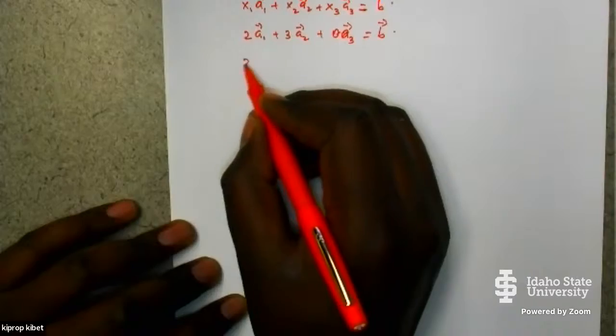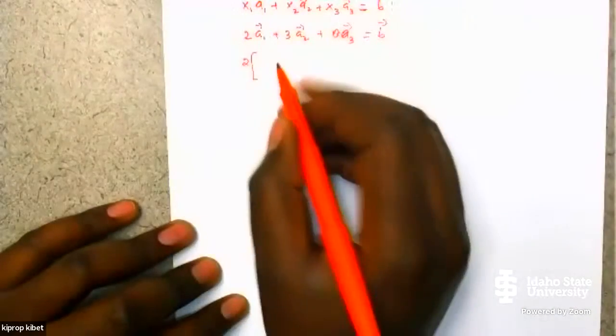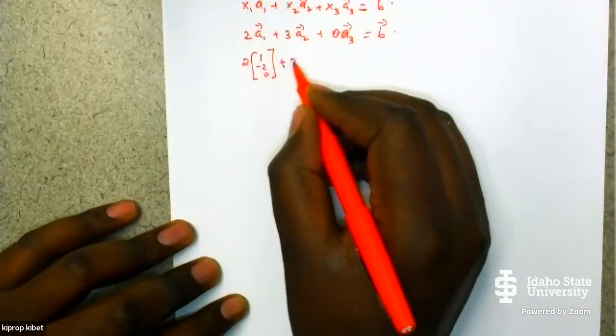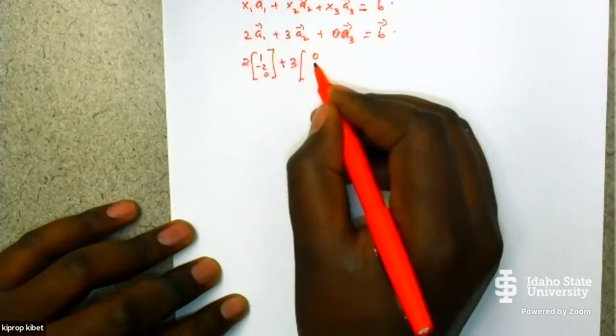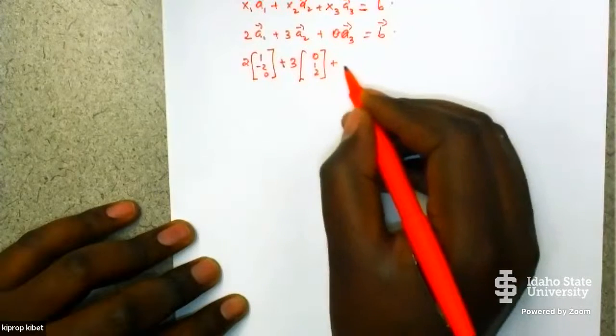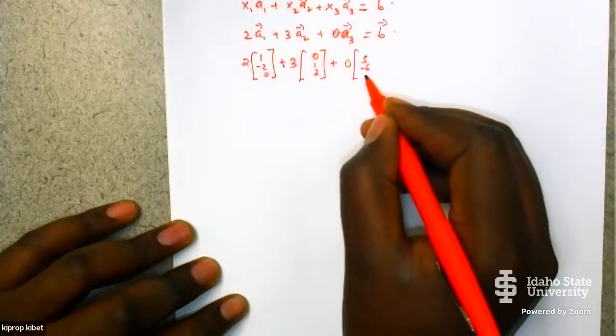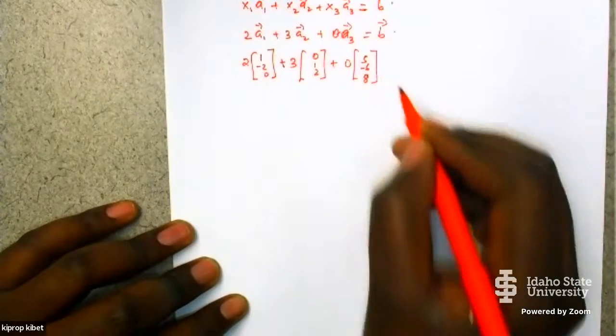So then 2, and then we have A1 is 1, -2, and 0, plus 3 A2 is 0, 1, and 2, plus 0, which will give us 0, of course, 5, -6, and 8. So what do we get here?